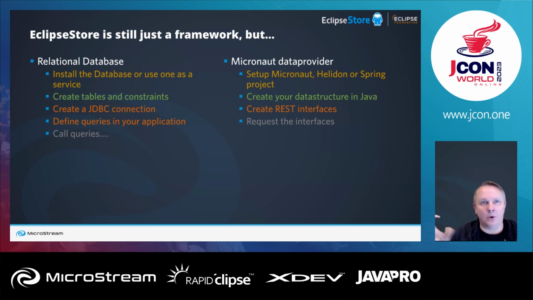But on the other side, when we talk about a Micronaut data provider, we talk about a Micronaut application which contains EclipseStore as a framework and provides REST interfaces to everyone within your infrastructure. And then things become quite similar. We have to create a setup with Micronaut, Helidon or Spring.